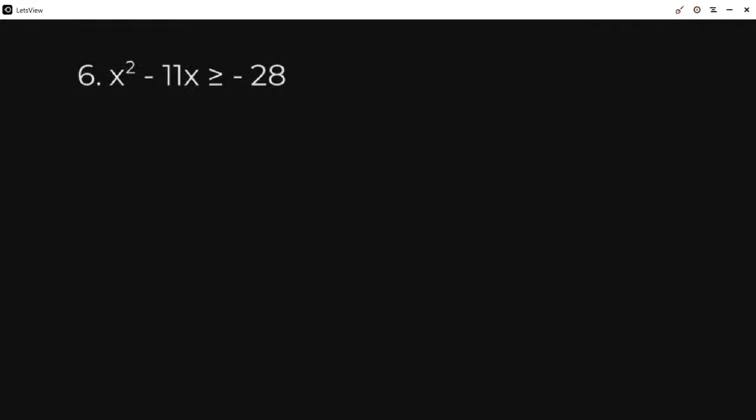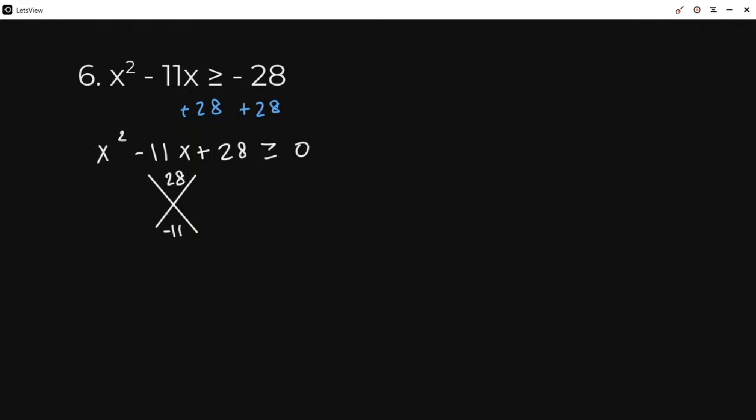Okay, here is the next one. So first we're going to add 28 to both sides. So we get x squared minus 11x plus 28 is greater than or equal to 0. Then I'm going to see if I can factor. So if I do the x method, on the top would be 28, on the bottom would be negative 11.